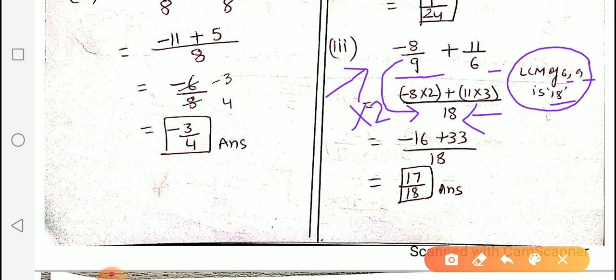So it is 2. So we will multiply its numerator by the same number. Now here we will see by which number we should multiply 6 so that we can get 18 as answer. That number is 3. So we will multiply its numerator by the same number, that is 3. Here we will get as negative 16 plus 33, and answer is 17 upon 18.